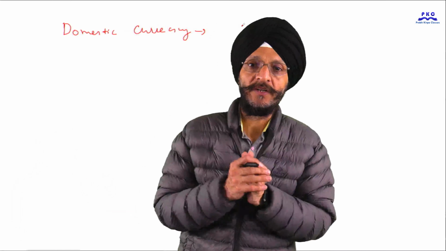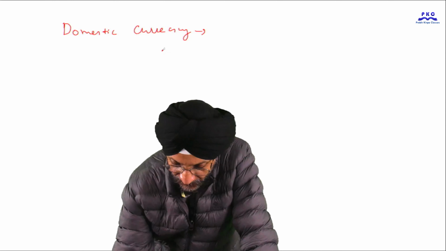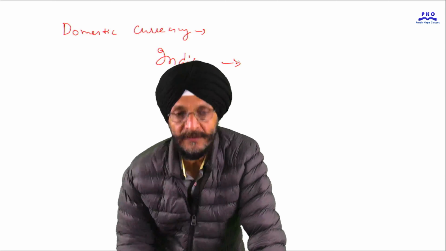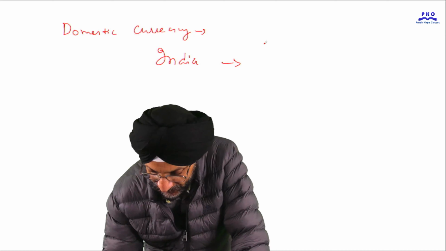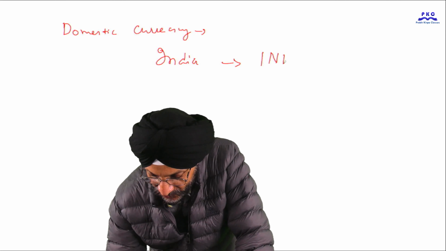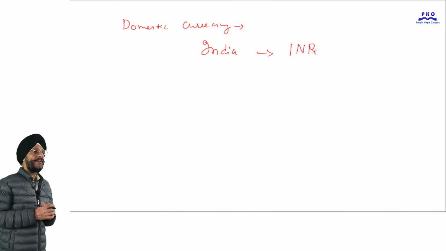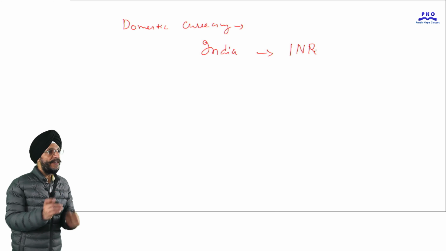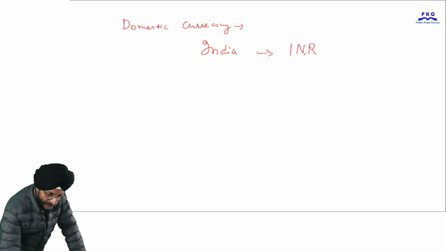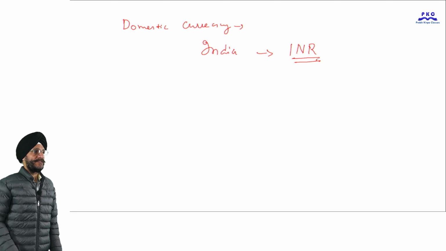For example, if I live in India, the currency which has been issued by the government or the central bank is known as the Indian rupee. So in India, the Indian rupee is the domestic currency.